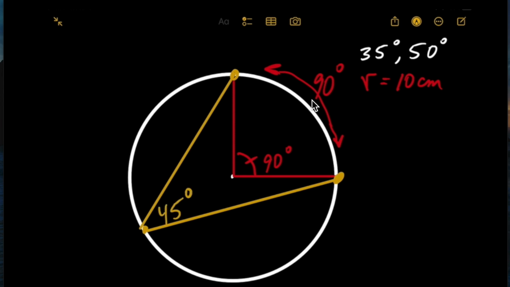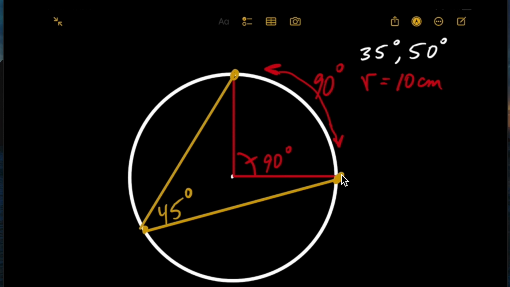So when we talk about these angles, we're going to use the amount of circle that is captured by the angles to draw our initial triangle before we even consider finding the lengths.